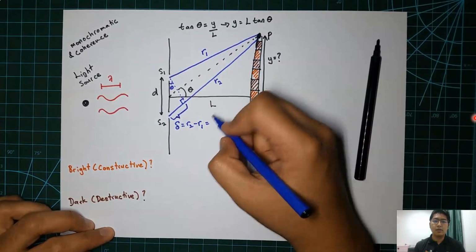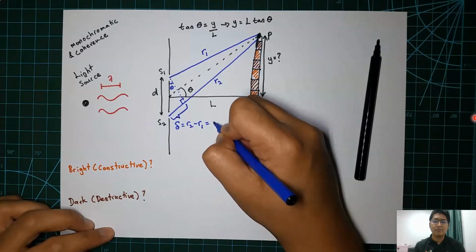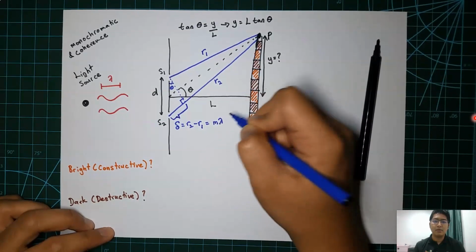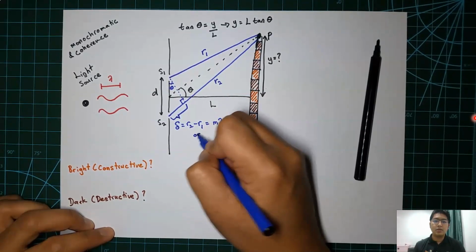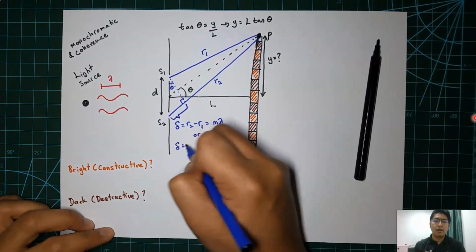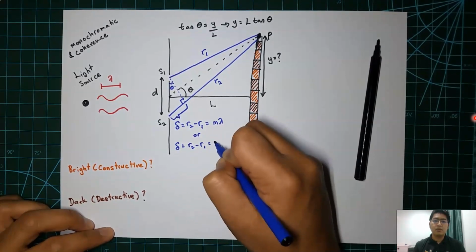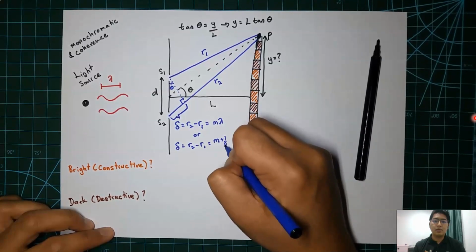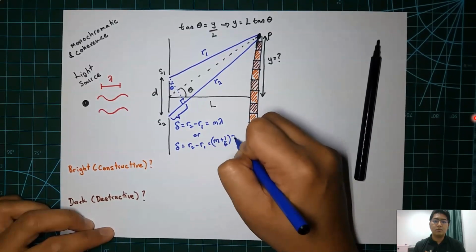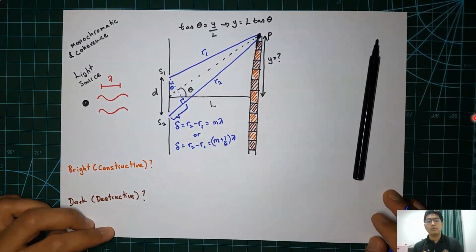From trigonometry, R2 minus R1 equals d sine theta. If the path difference equals m lambda, constructive interference will occur. If the path difference equals m plus half times lambda, destructive interference will occur.